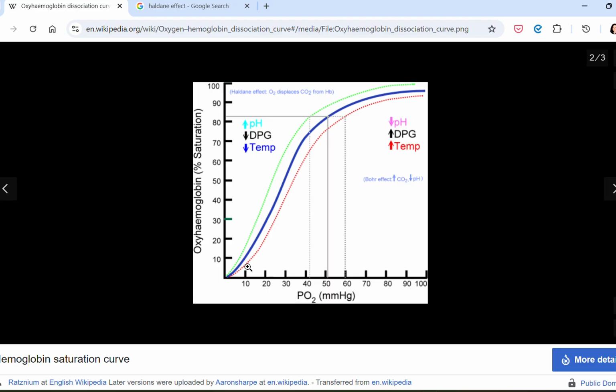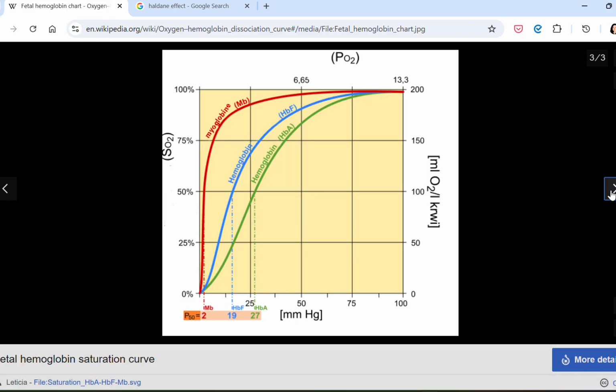The curve shifts to the right, and as a Bohr effect, when the carbon dioxide concentration increases, the pH is lowered. Vice versa, when DPG is not present or pH is higher, then the curve shifts to the left.